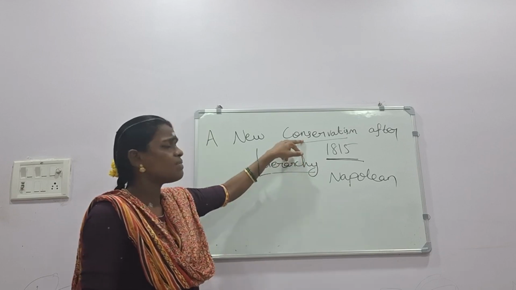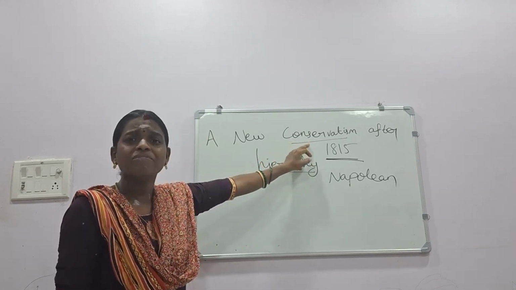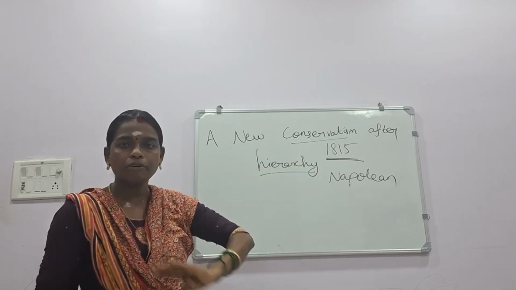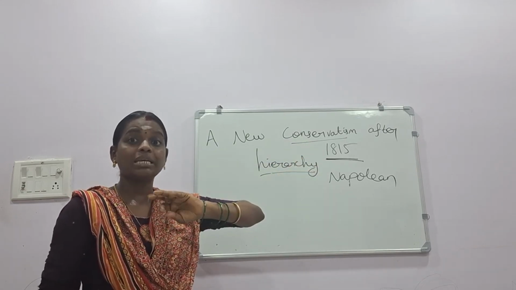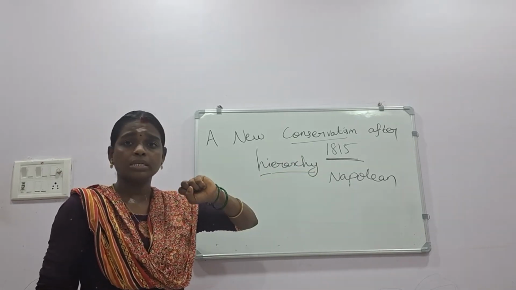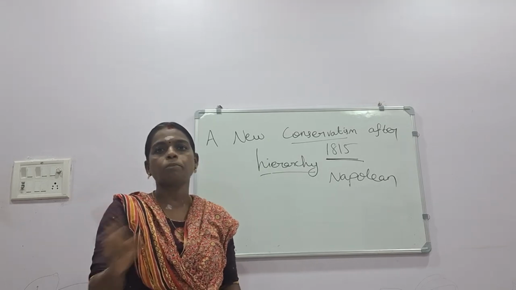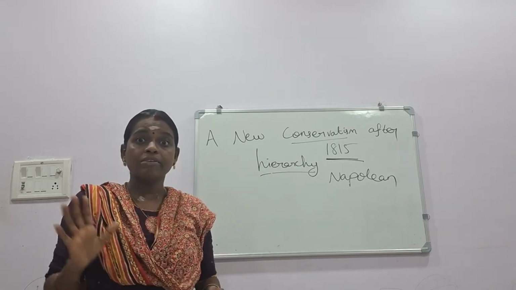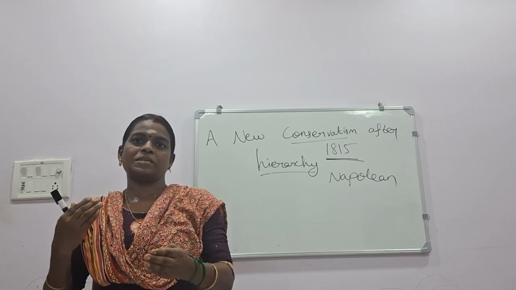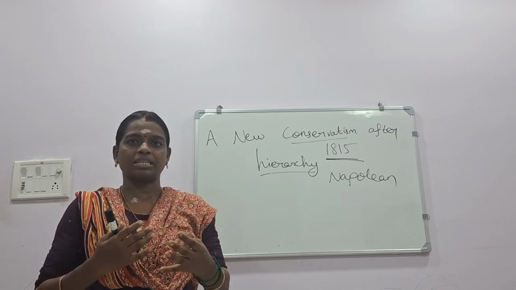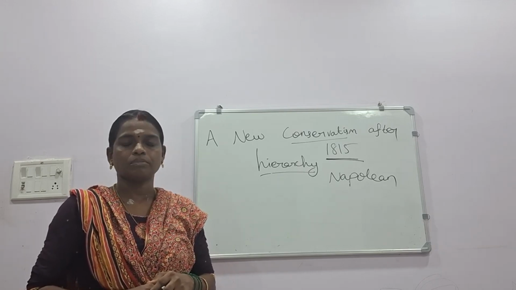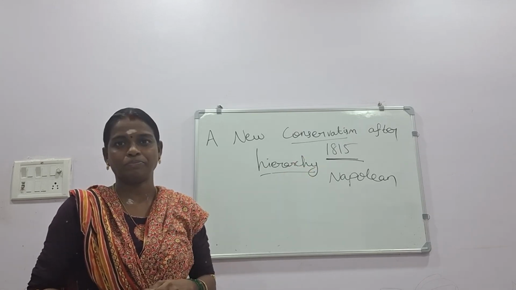But the conservatists believed that even though there was abolition of feudalism and serfdom, definitely it would support the monarchy. Anyway, in a way, we can bring back the monarchy. We can revive the monarchy. That was the thought of the conservatist people.